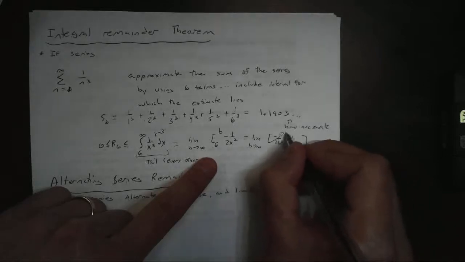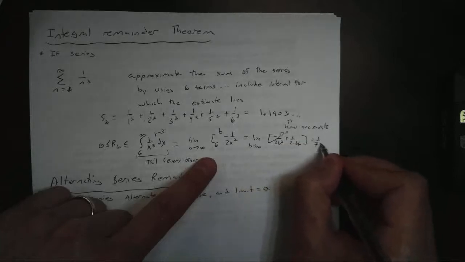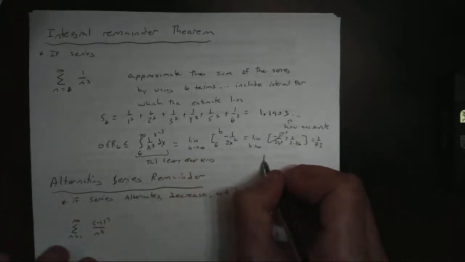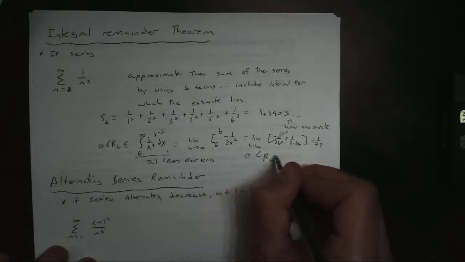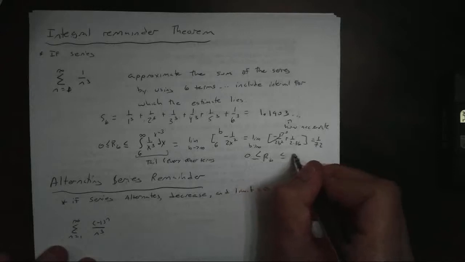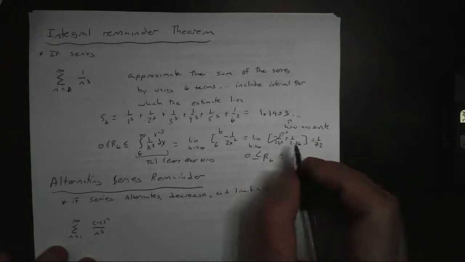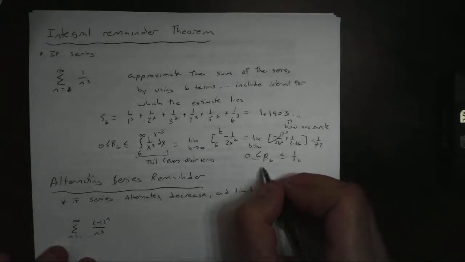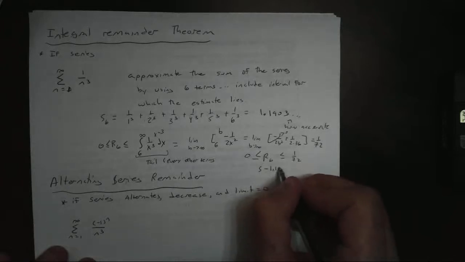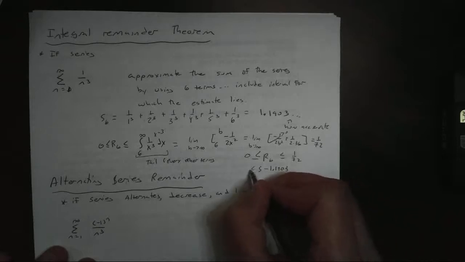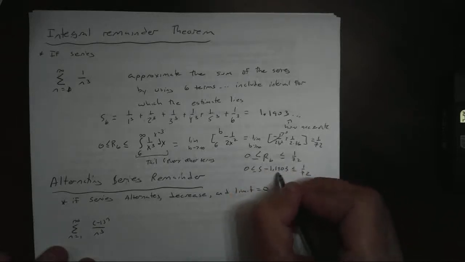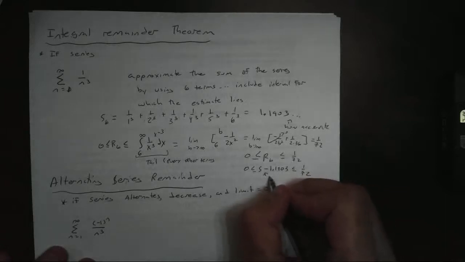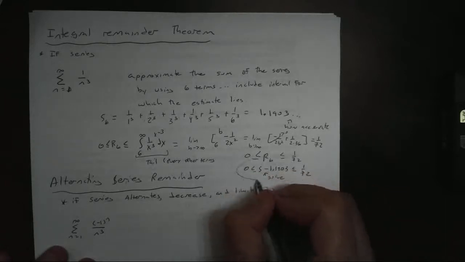So this goes to 0, and this becomes 1 over 72. So we're saying that our remainder has to be between 0 and 1 over 72. So my actual sum minus 1.1903 is going to be greater than 0 and less than or equal to 1 over 72. And that's the integral remainder.